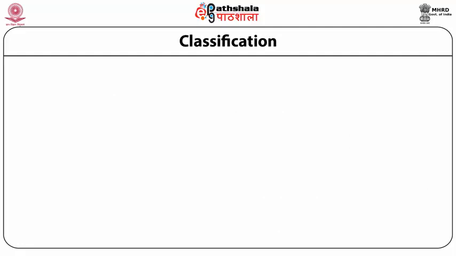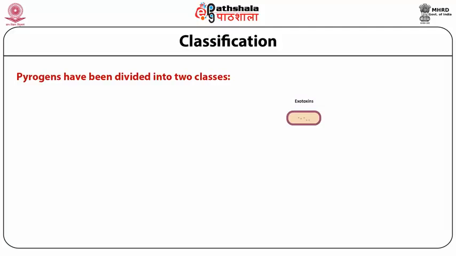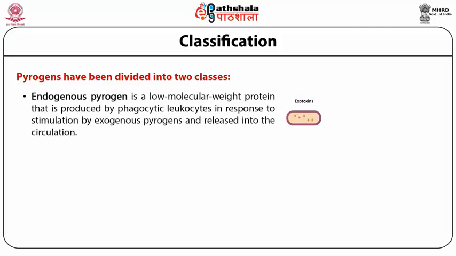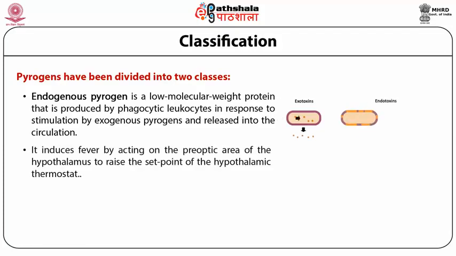The classification of pyrogens. Pyrogens have been divided into two classes. The first one is endogenous pyrogen, a low molecular weight protein produced by phagocytic leukocytes in response to stimulation by exogenous pyrogens and released into the circulation. It induces fever by acting on the preoptic area of the hypothalamus to raise the set point of the hypothalamic thermostat.